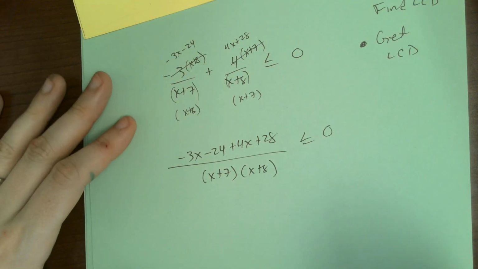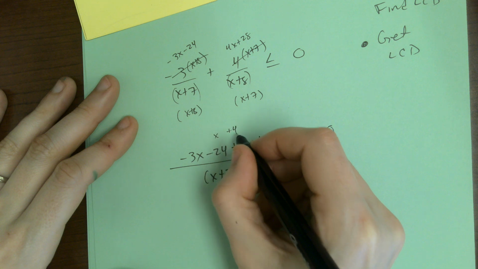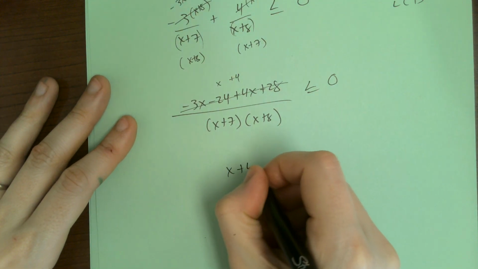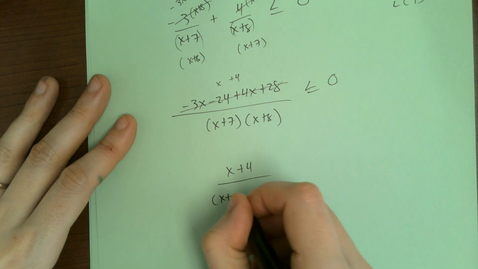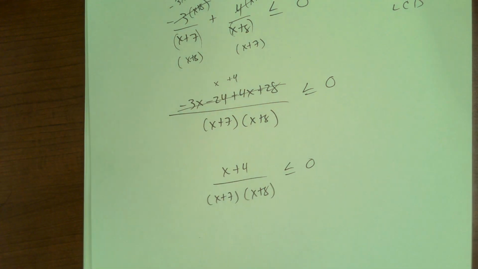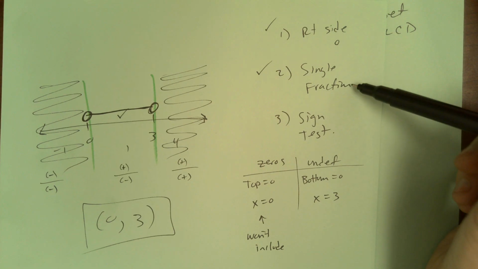Now I'll combine like terms on top. So we're just getting an x plus 4 on top. Okay, so guys, we have done these two things: right side 0, single fraction.